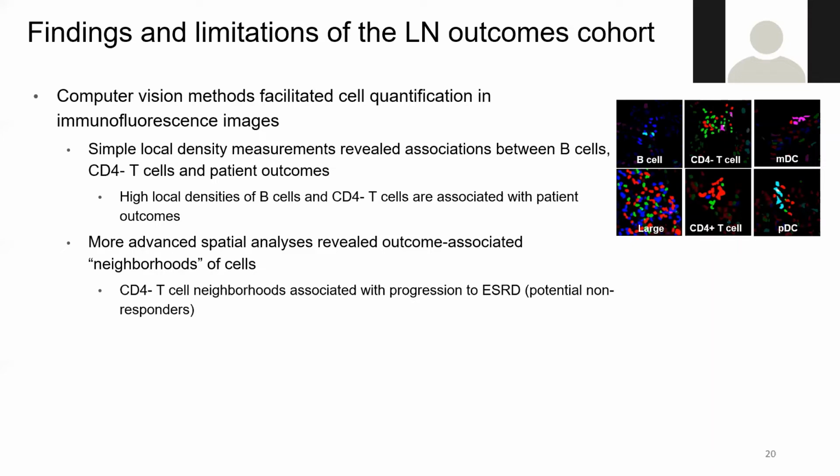What was your sampling? These look like ROIs, presumably. So what was your sampling strategy for this? This data set was originally taken to look at cognate interactions between T cells and dendritic cells and B cells, actually. So they were specifically focused on regions of lymphocytic infiltration. And I'll talk a little bit later.